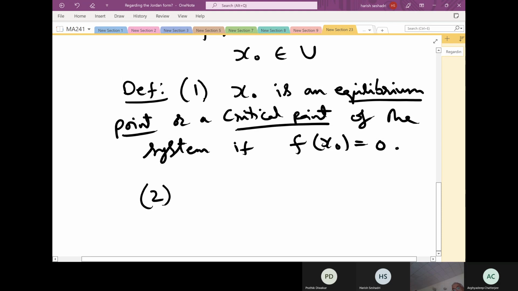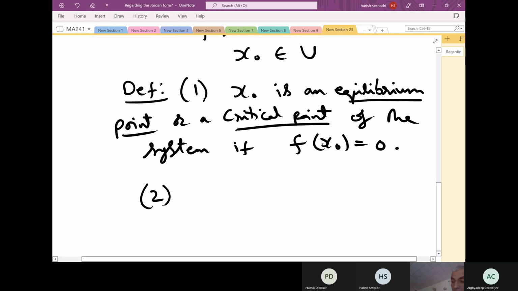As I've been repeatedly saying, these are very significant. So one would like to understand what solutions look like when we are close to this equilibrium point. If I start at some other x naught prime close to x naught, am I going to move towards x naught or away from it, and so on?